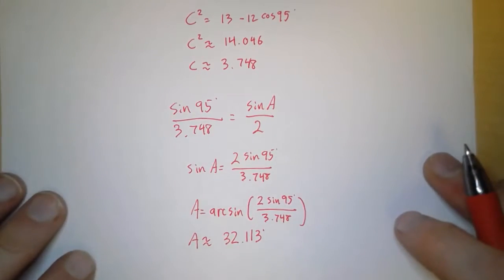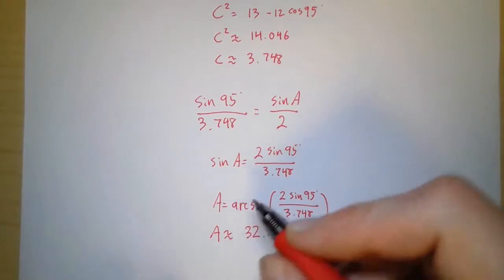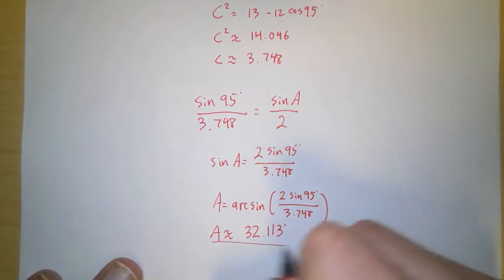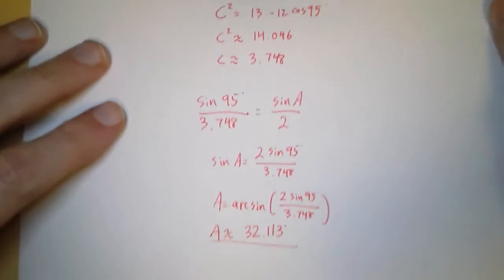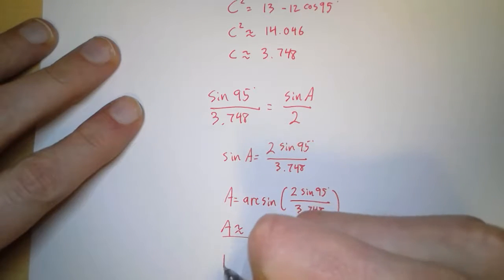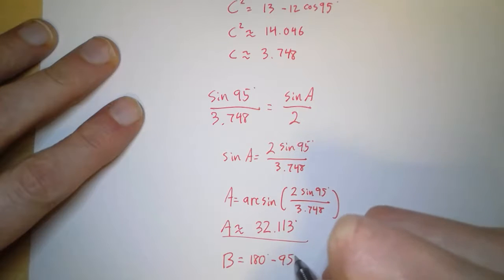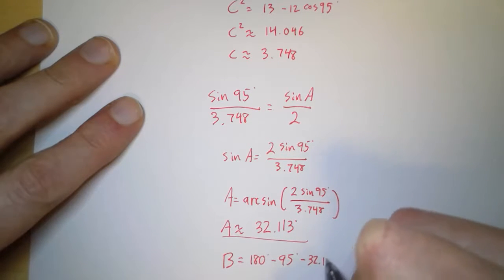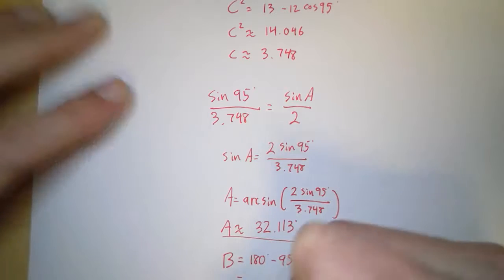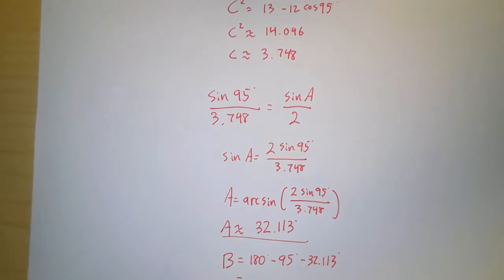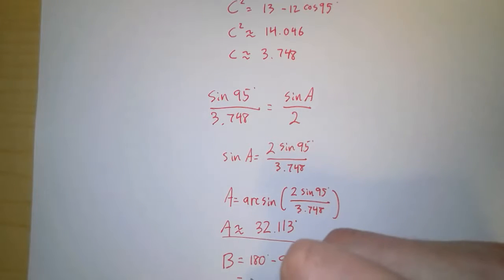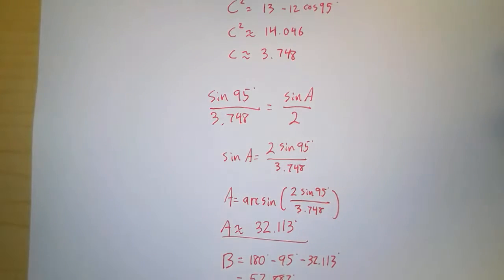Since we know angle A and angle C, angle B is just a matter of subtracting from 180. So angle B is going to equal 180 minus 95 minus 32.113. So angle B is going to be 52.887 degrees.